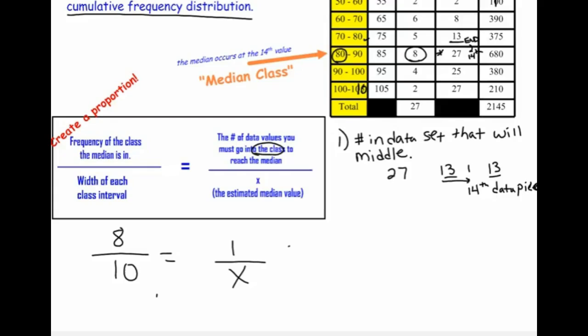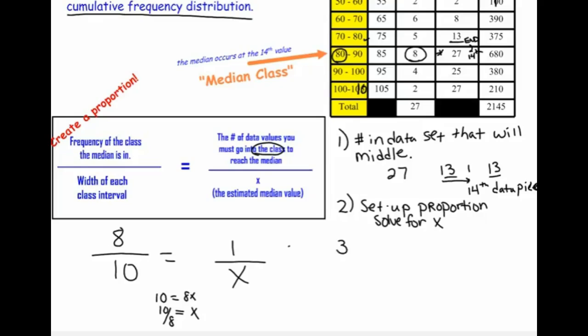Cross multiply, 10 equals 8x, so x is equal to 10 divided by 8. So maybe over here you're going to set up the proportion and solve it. So we're going to solve for x.